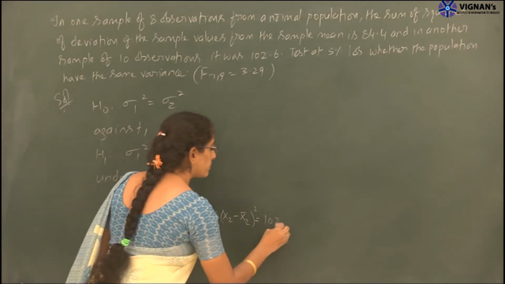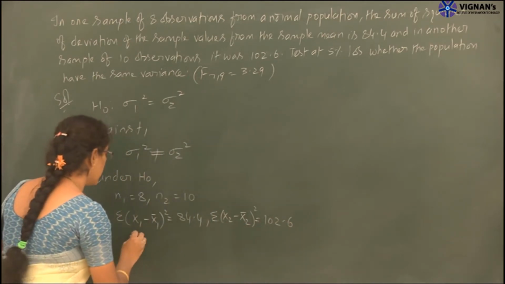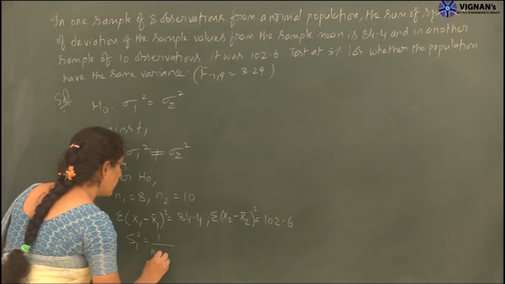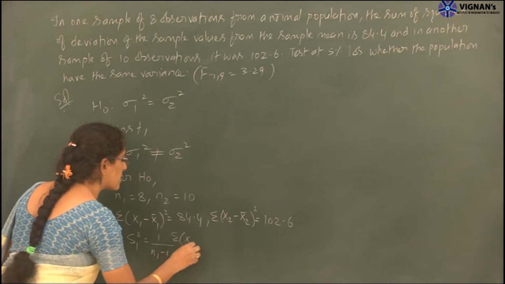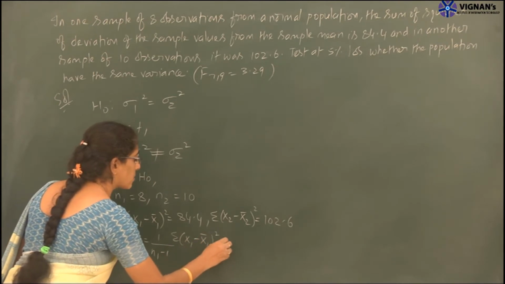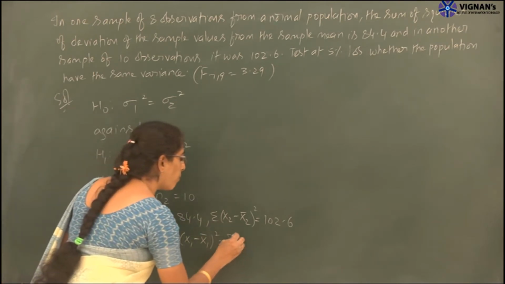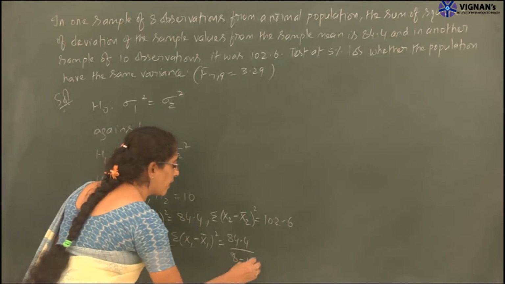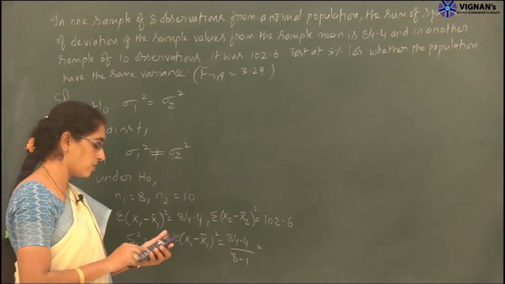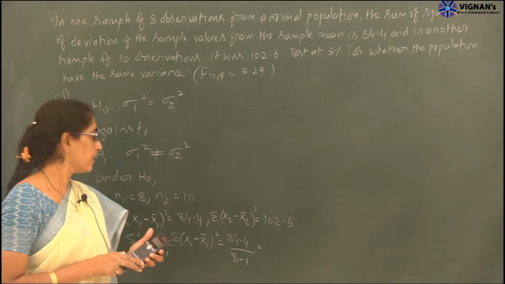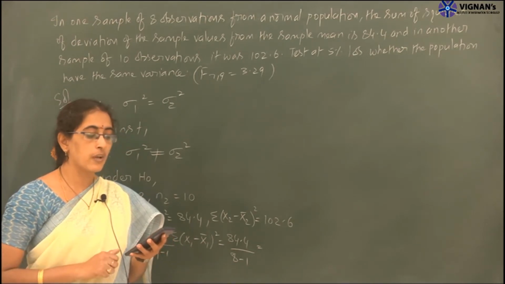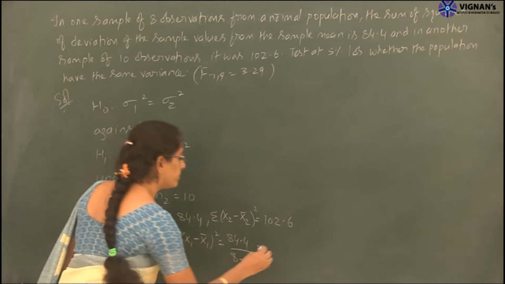102.6. Now we know the capital S1 square formula is 1 by n1 minus 1 summation of x1 minus x1 bar square. That means 84.4 by n1 minus 1, that is 8 minus 1. So 84.4 divided by 7 is 12.0571.